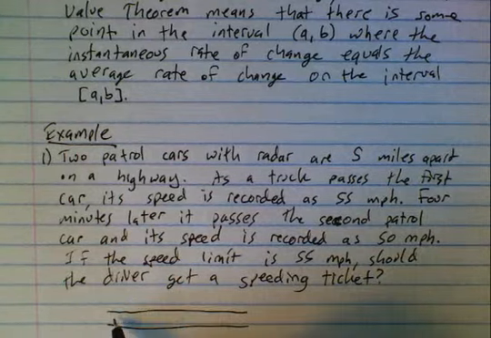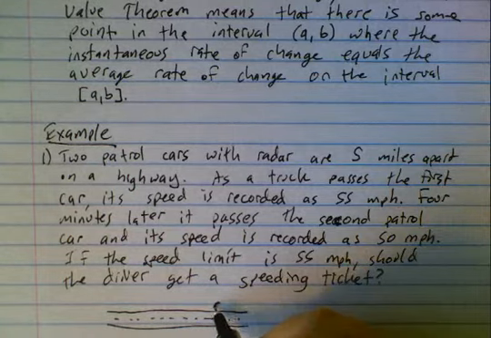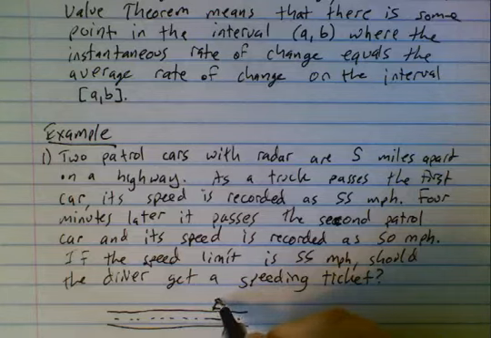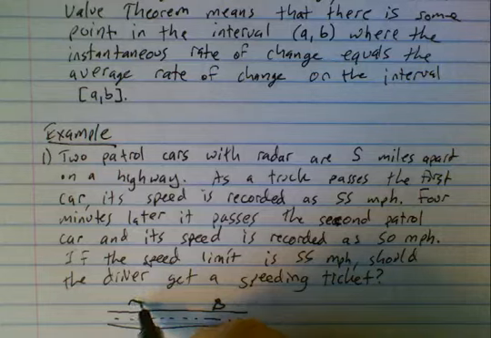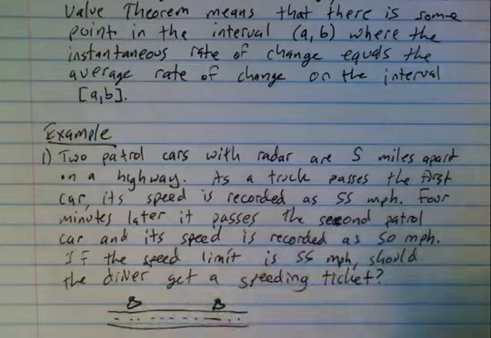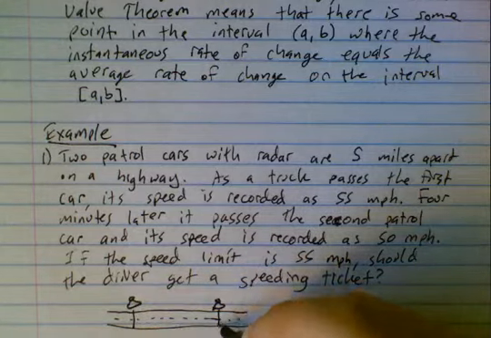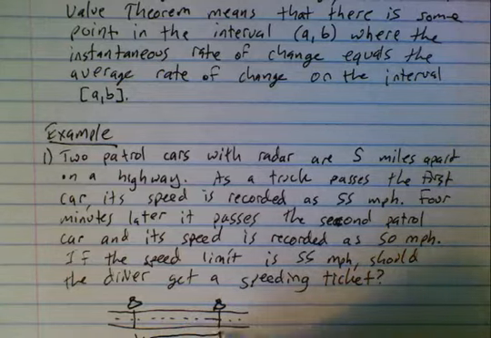So here's our little road. And here's one little car. Little lights on top. Here's the other little car. We know they are 5 miles apart.